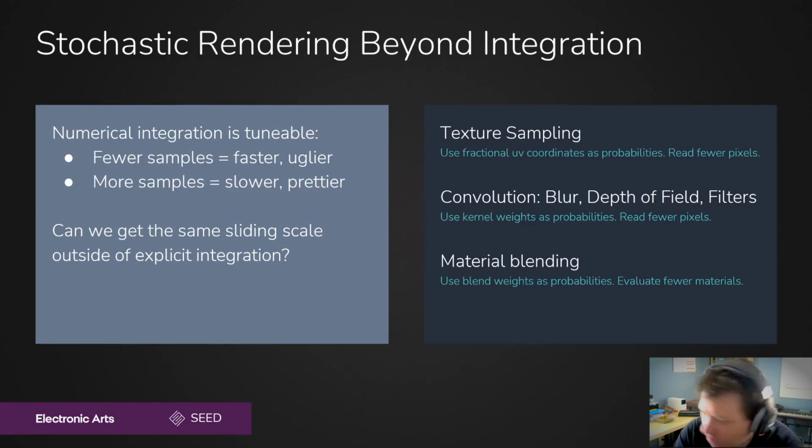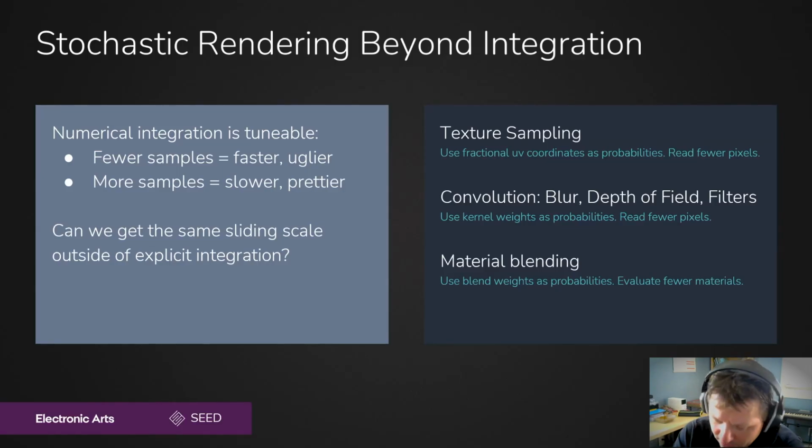But if you don't need to go that extreme, you could do 2 samples instead of 9, or 2 instead of 25, whatever the case may be. And it'll be a little bit better. And then lastly, there's things like material blending, where if you're trying to render terrain, and the terrain has like nine different materials on it that you have to blend together with different weights, you can actually use those blend weights as probabilities and evaluate a smaller number of those materials and blend them.